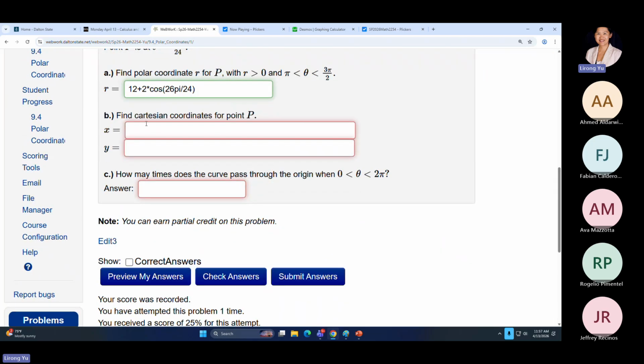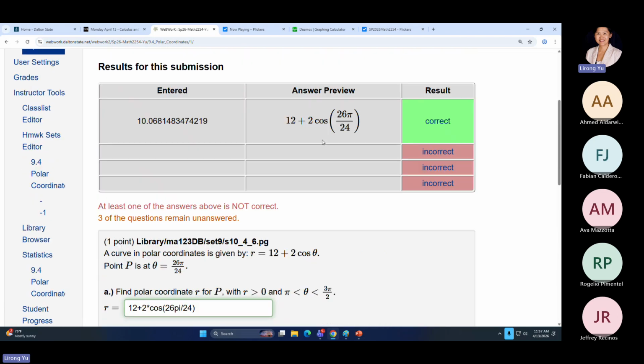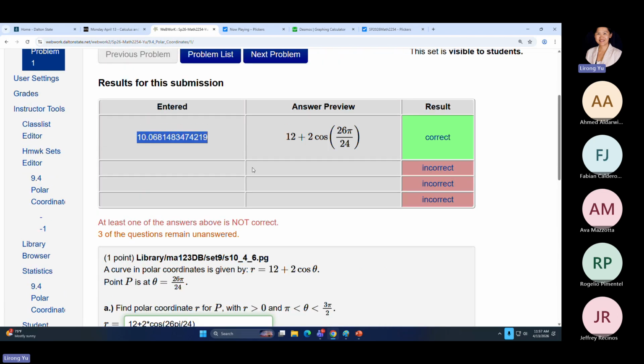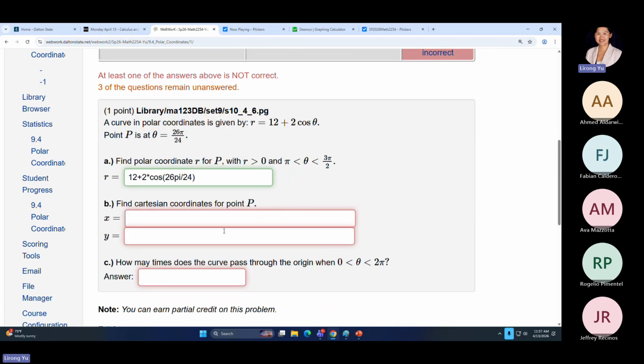Part A. Part B is find the rectangular coordinate. That's our radius right there. So it's radius multiplied by cosine theta to give you the x value. This is our radius, and we multiply by cosine of the angle, which will be 26 pi over 24, right?